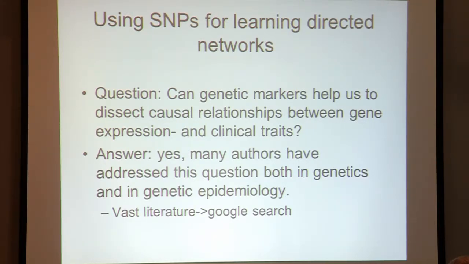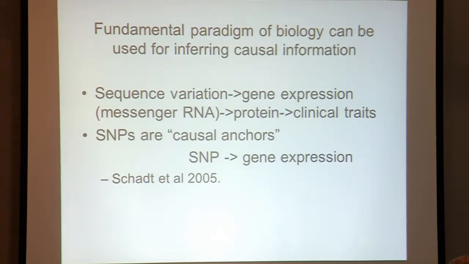Within genetic epidemiology, people have used that insight in an argument called Mendelian randomization for avoiding confounding issues. Lately, this has been rediscovered and extended by other authors. For example, Eric Schad published an article that has been cited several times.